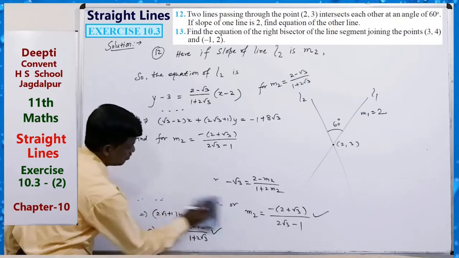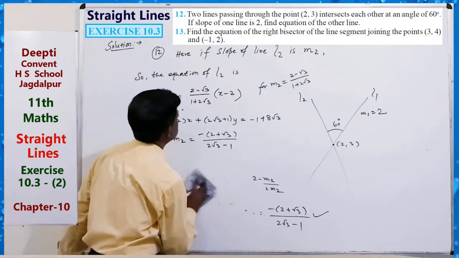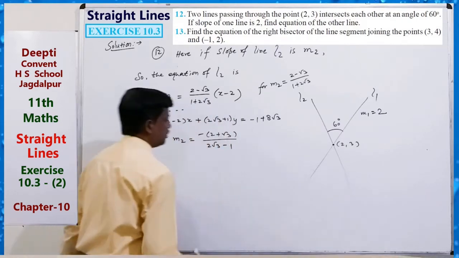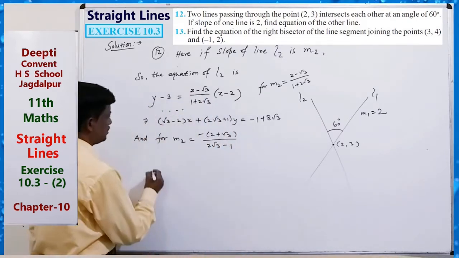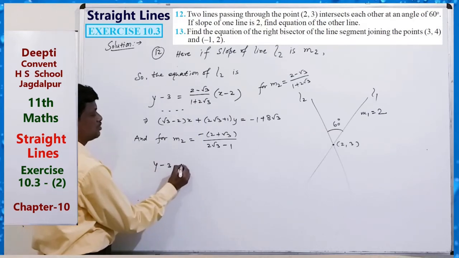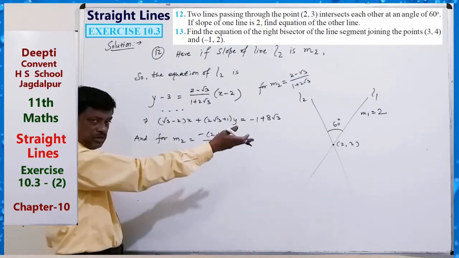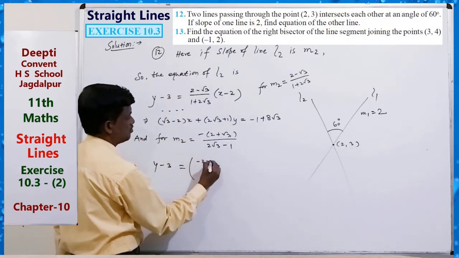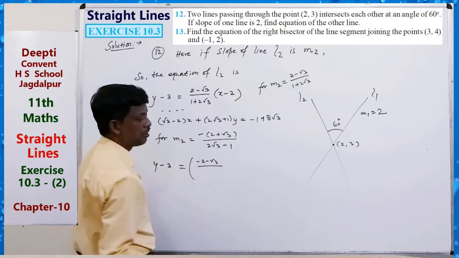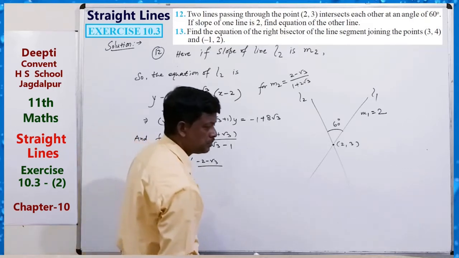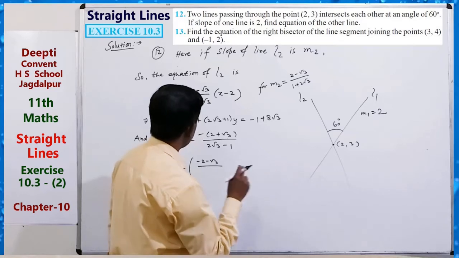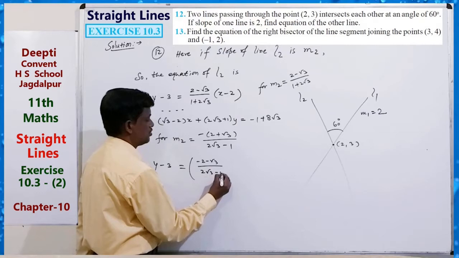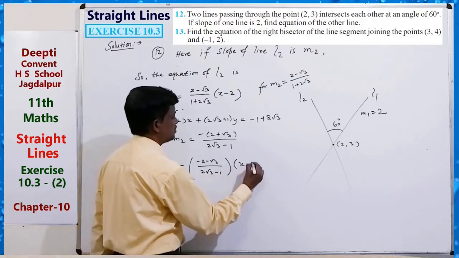The equation of the straight line will be what? Just use the slope like this: y minus 3, passing through the same point, but the slope is different. This slope is minus (2 plus root 3) upon (2 root 3 minus 1), into (x minus 2).